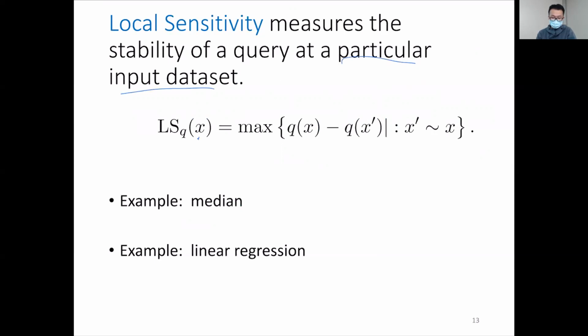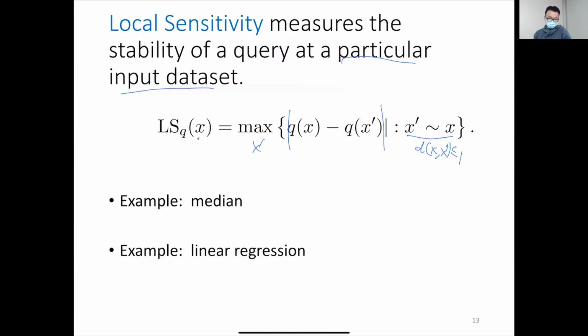So the local sensitivity is the largest perturbation of this Q when we maximize over all possible neighbors, right? So when we enumerate over all possible neighbors of my particular data set, how large this perturbation is. Right? So I guess I'm missing the absolute value here also.